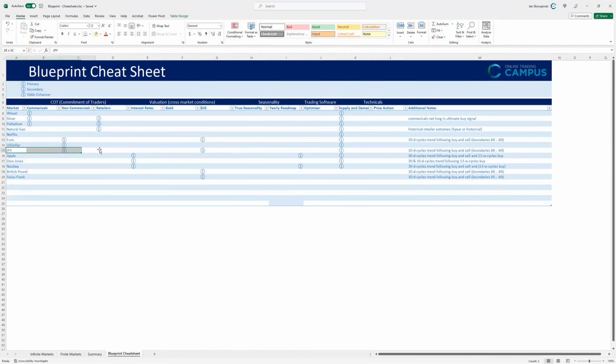Rather than using this as a primary tool, we use it as an odds enhancer to say, if this is the case and I have other metrics flashing green as well, like the non-commercials at an extreme and breaking out, then I could look to trade this specific currency.